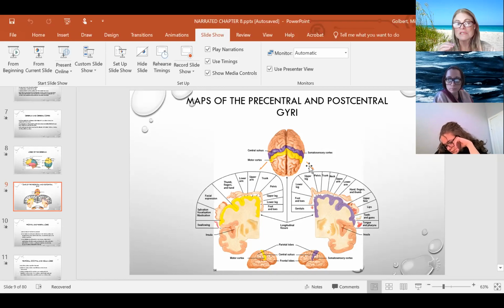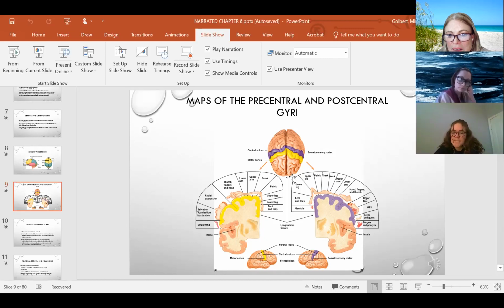And then the gyrus in front, in purple, is on the anterior. No, the purple is on the posterior, sorry. Purple is the posterior. So up here will be the occipital lobe, right? And here will be the frontal lobe. So the gyrus behind the central sulcus going to the posterior is what we call the somatosensory cortex.